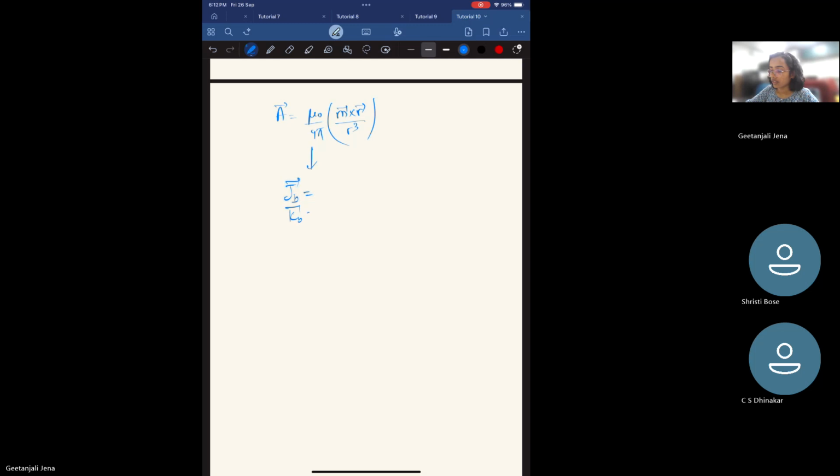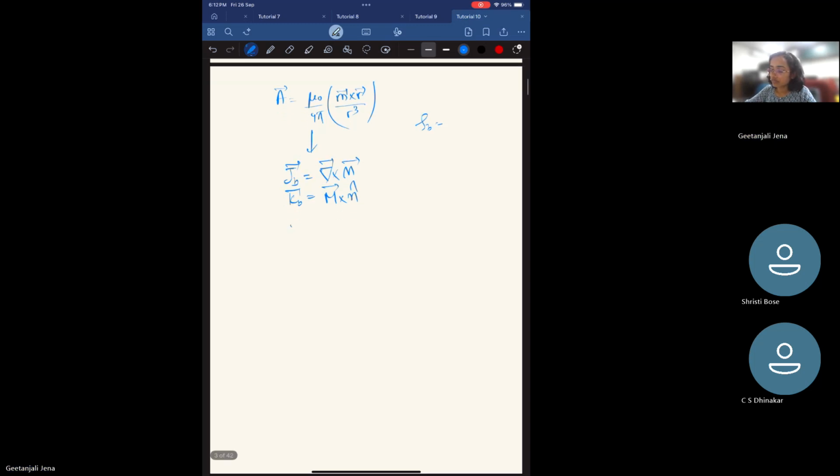In electrostatics, rho B is nothing but minus the divergence of P, and sigma B is P dot n hat. Here we have the curl operator: J B is curl of M, and K B is M cross n hat. M is the magnetization, which is the response of the material to an external magnetic field.